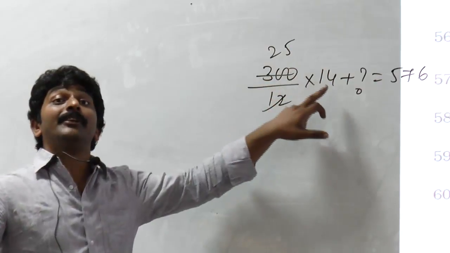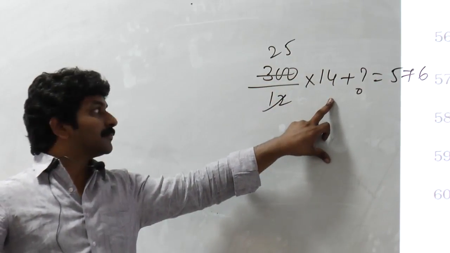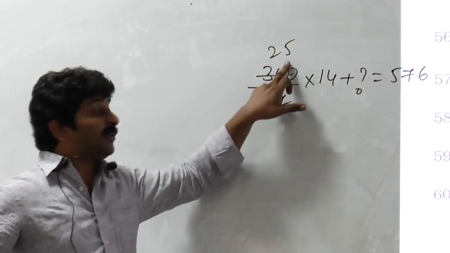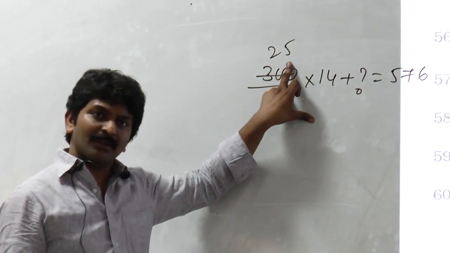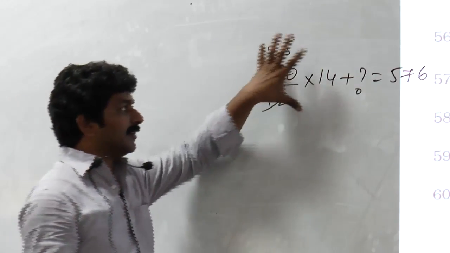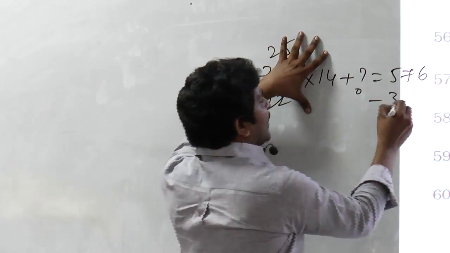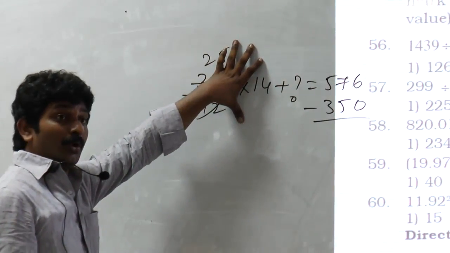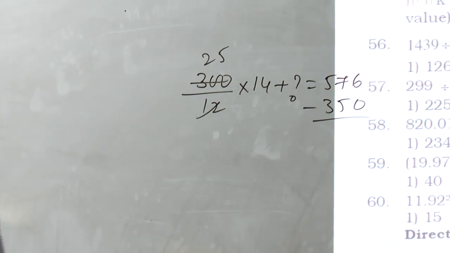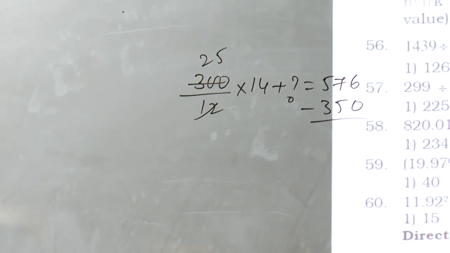And you know that 12 25s will give you 25 into 14. 12 25s will give you, and how many extra 25s are there? That is 350, right? 350. Subtract 350 from 576, you will get 226. X is 226. Nearest option 225.